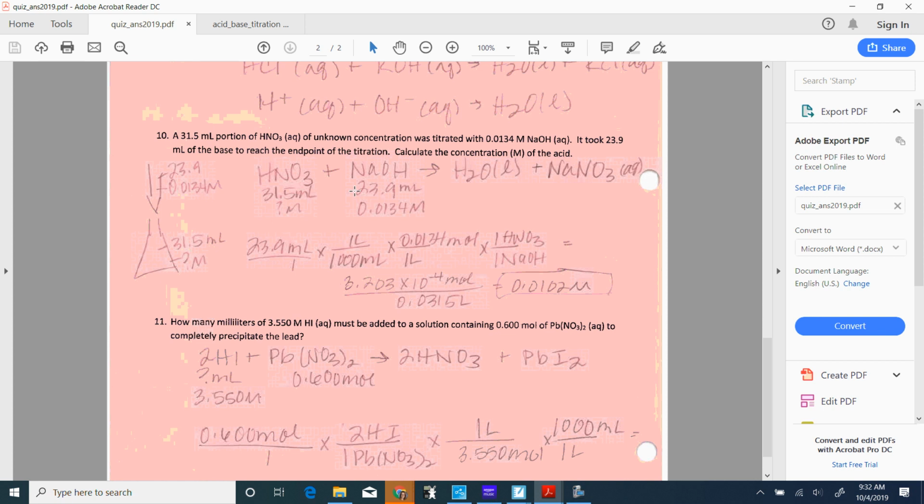We have nitric acid and sodium hydroxide: 31.5 milliliters of the nitric acid and 23.9 milliliters of a 0.0314 solution. Do your flow. Milliliters to liters, liters to moles. When we are at moles, our next step is a mole ratio. Moles to mole ratio.